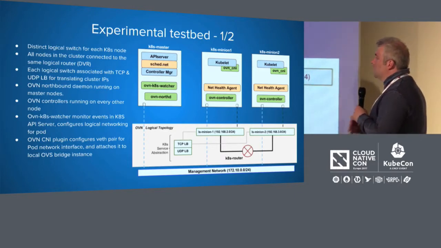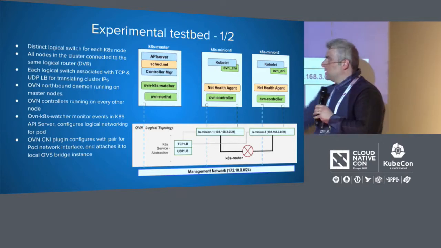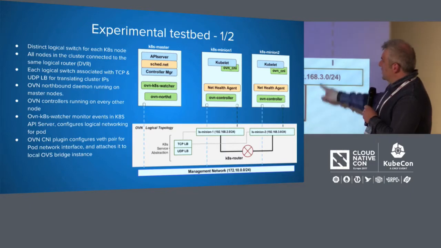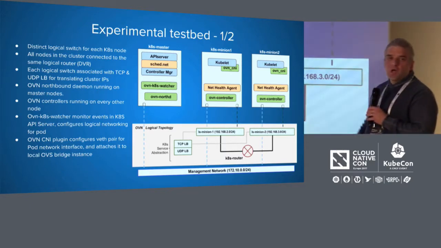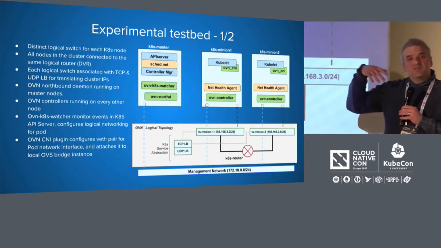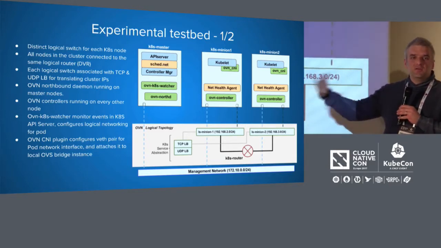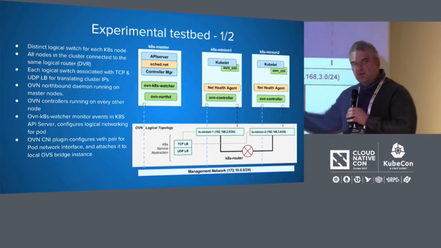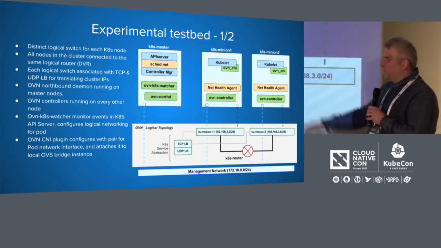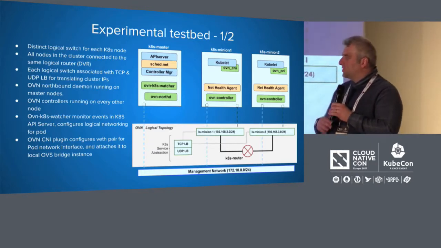Using OVN, we build this logical topology, which is made of one logical switch per node, interconnected by a logical router. Of course, when we say logical router, this is just an abstract concept. There's not really routing occurring. It's a distributed router, so if you have two containers on the same node, you never go through this thing. It's all distributed.